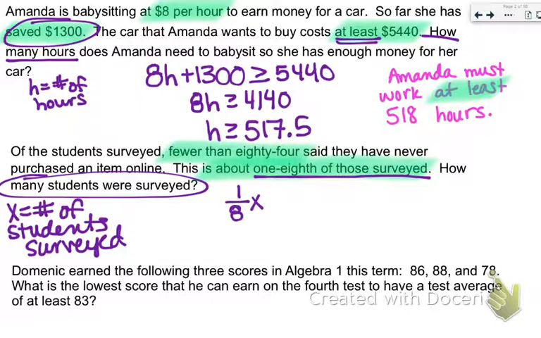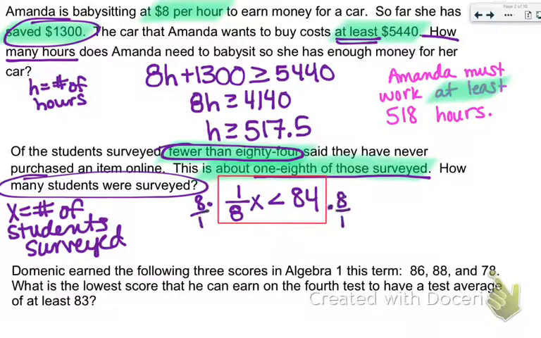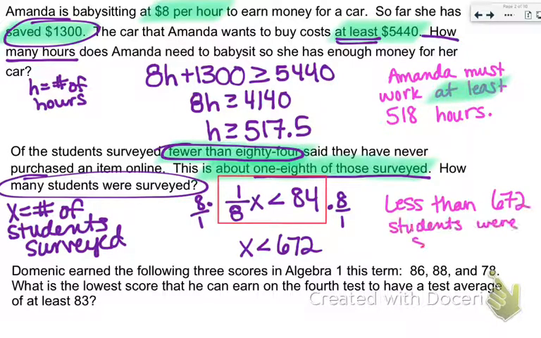Fewer is another word for less than, so we need less than 84. To solve, multiply by the reciprocal, which is 8 over 1, or just 8. And we get X is less than 672. So that means 672 or fewer students were surveyed, because we do have that less than sign.